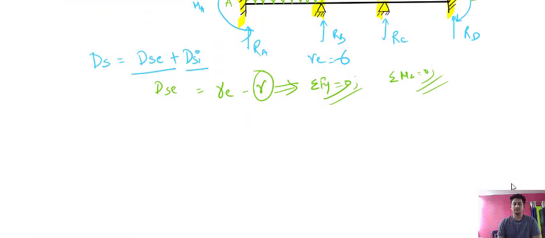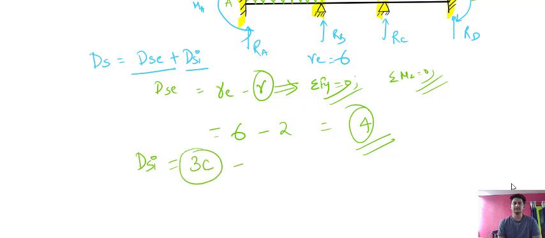Now the external reactions Re are 6 minus the equilibrium equations, 2. So DS external is 4. Now you have got the value of DSE external. In the case of DSI, internal, we need to consider 3C minus RR, where C is the number of closed loops.